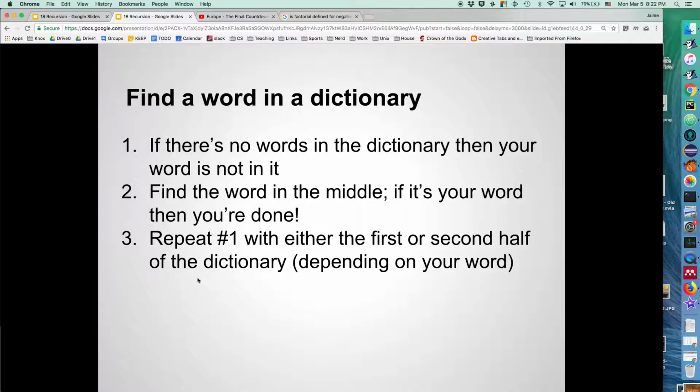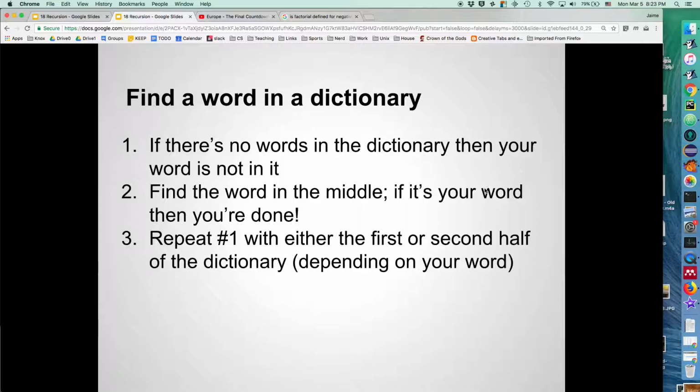That's actually a recursive algorithm. Here's how it works. If there are no words left in the dictionary, then your word must not be in it, so you're spelling it wrong, or it's a word that just doesn't have a dictionary definition. That's kind of a base case. If that's not true, what do you do? Take the dictionary and split it in half. Find the word that's in the middle. So flip to approximately the middle page and find the middle word on the middle page.